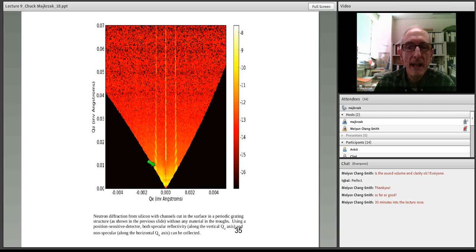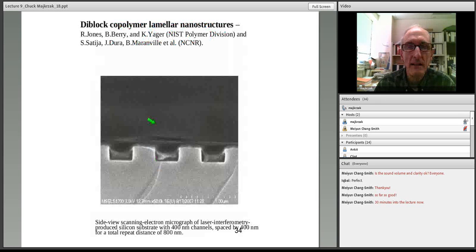So again, there's a modulation along the specular condition, along the truncation rod, if you like to call it that, that corresponds to the Kiessig fringes. The fact that there is a scattering density that on average across here is more than the vacuum, but less than the scattering density that corresponds to the silicon substrate beneath.